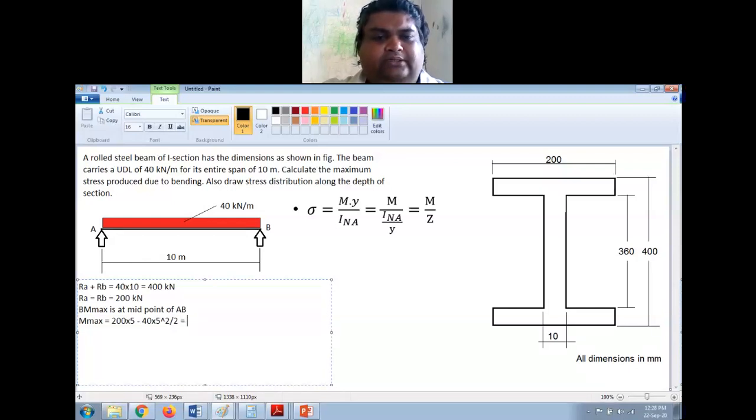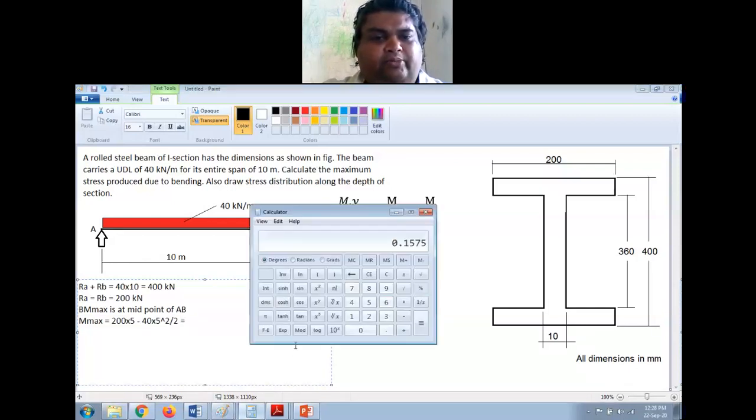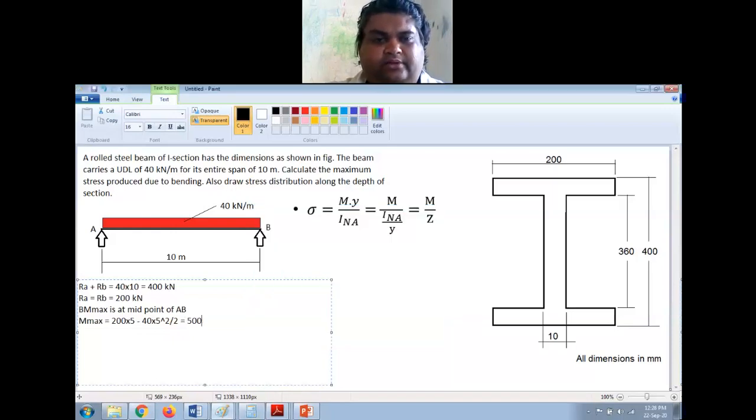So when you calculate this, you get the maximum bending moment. So 200 into 5 minus 40 into 5 square, which is 25, by 2. So this is 500 kilonewton meter.